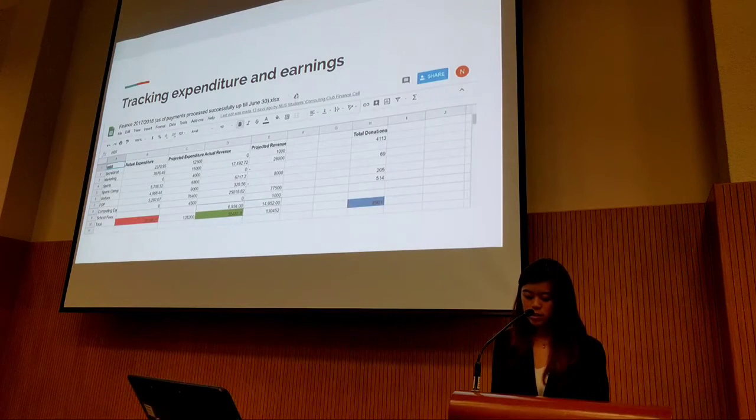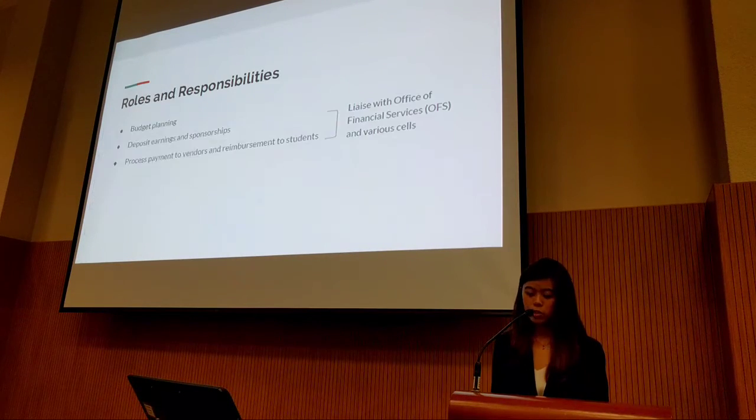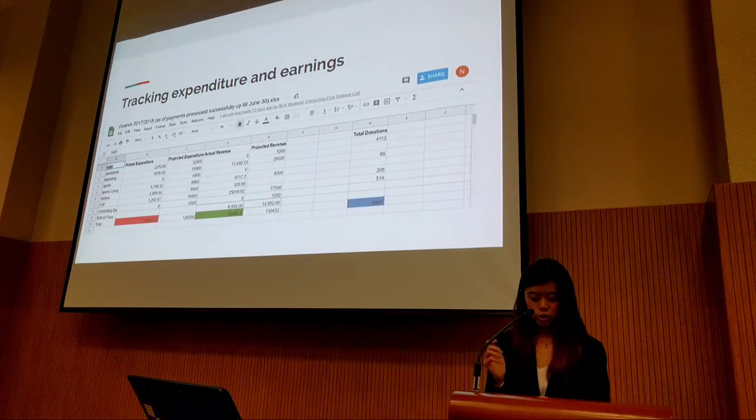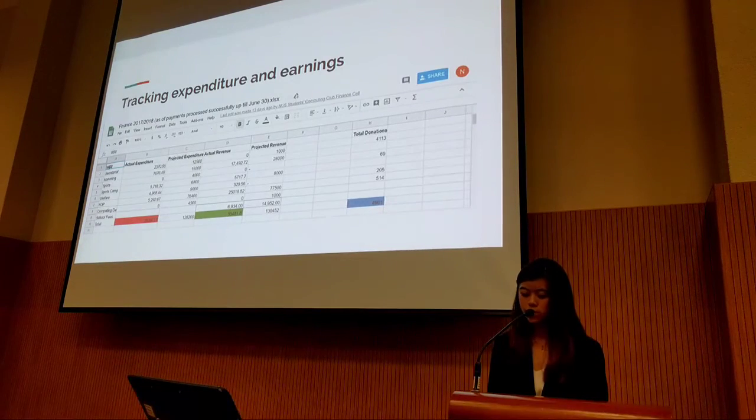Something we did differently this year is that we created a Google Sheets document which is updated each time a payment is processed or income is deposited. This is shared with the various VPs and Joel so that they can keep track of their expenditure and revenue and ensure that it is within the budget plan from the beginning.